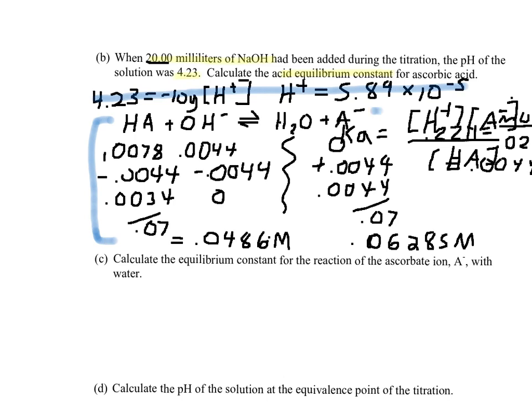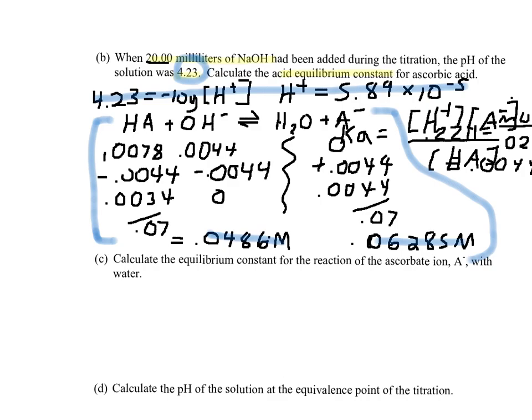Find your values for your acid concentration and base concentration, and then you can use the Henderson-Hasselbalch equation because you have the pH, so pH equals pKa plus the log of your base over your acid. Either one of those you should get about the same answer, so either one is fine.